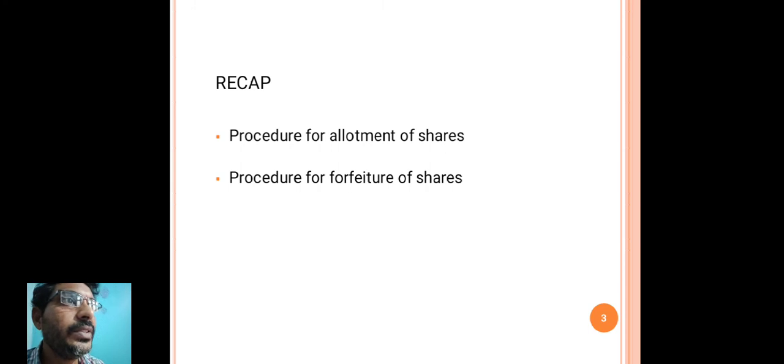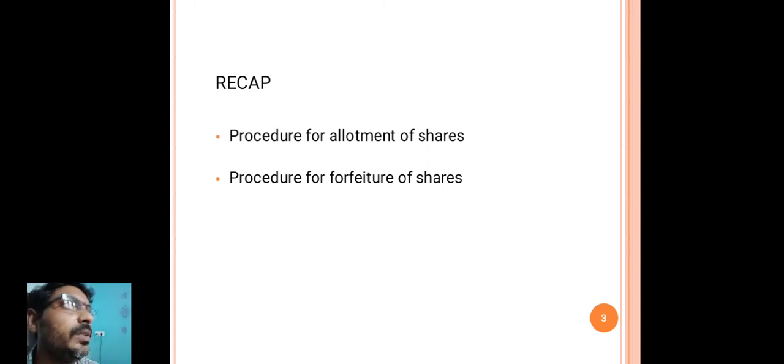These amounts are transferred to the forfeiture of shares account.